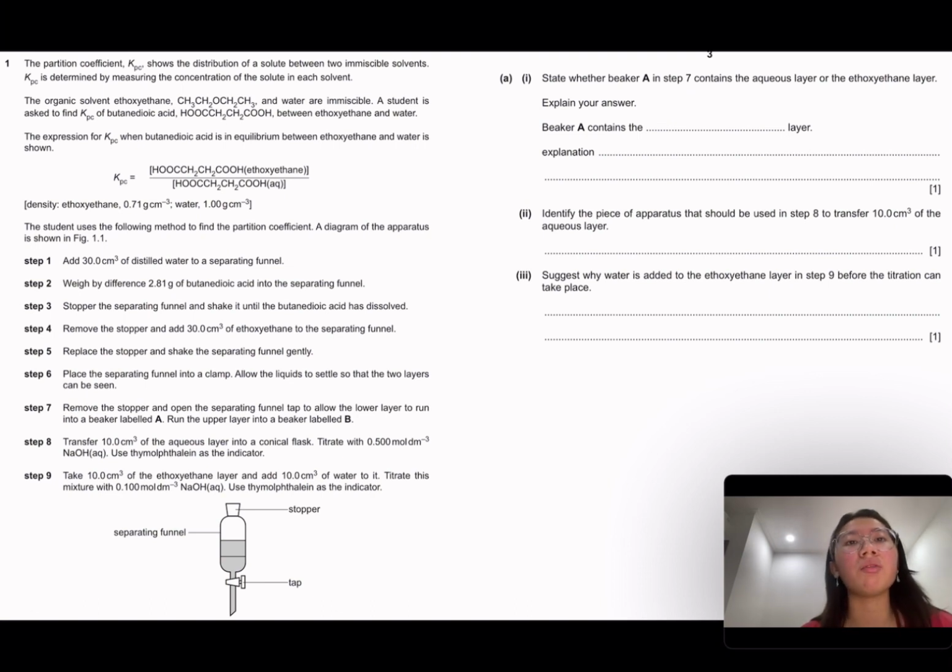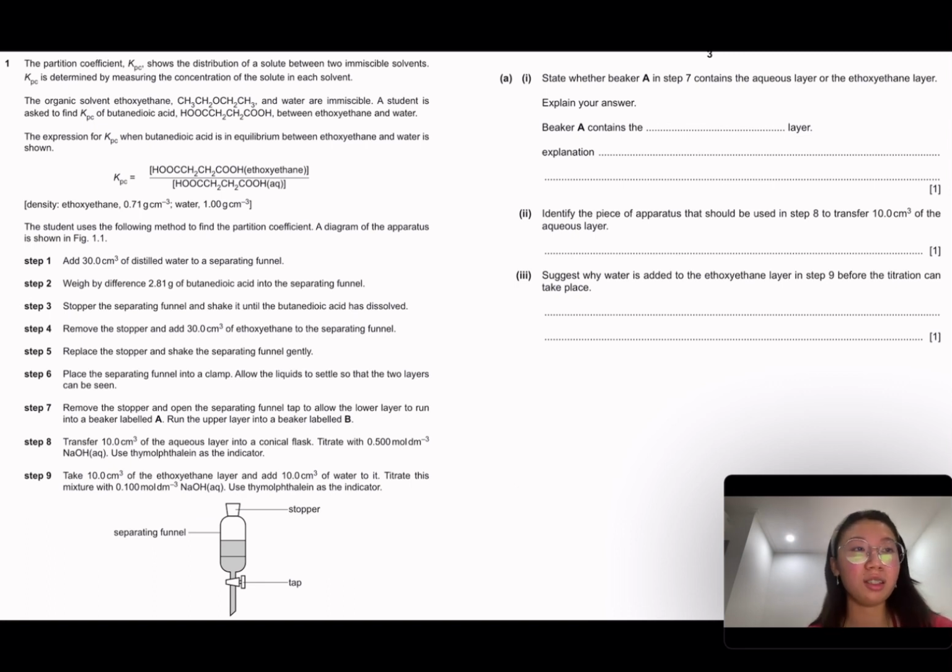The organic solvent, ethoxyethane, and water are immiscible, so they cannot mix. The student is asked to find KPC of butadenoic acid between ethoxyethane and water. The expression for KPC when butadenoic acid is in equilibrium between ethoxyethane and water is shown.